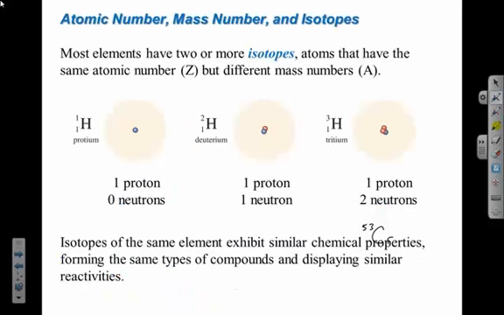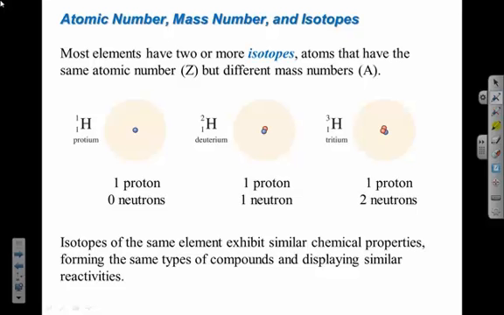But if I'm asking you a question about a specific isotope, like for example hydrogen, if I give you a symbol and ask how many protons, neutrons, and electrons are in here, then I'm looking at a specific atom. I don't have a sample of hydrogen with a variety of isotopes that all have different numbers of neutrons. I'm looking at a specific example.